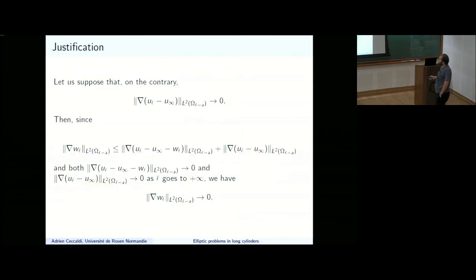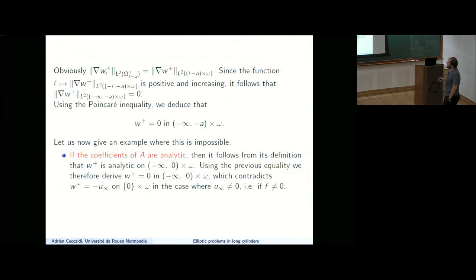All right? And to do so, we suppose that we can. Right? We derive those inequalities. And then we finally derive that the gradient of W plus here is 0. We use the Poincare inequality. And so W plus is 0 here, which is impossible because if we take some analytic coefficients on A, then W plus is analytic, and then W plus is equal to 0 here.